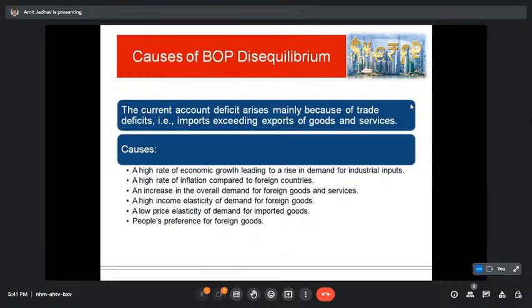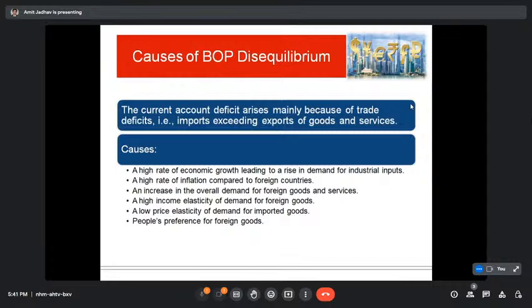Next, we have a high rate of inflation compared to foreign countries. If we have a high level of inflation compared to foreign countries, it will be quite difficult to compete at a global level with other countries in terms of the pricing of the product, and they are able to sell their commodity at quite a lower price than our product. If inflation is there, automatically the factor prices also increase and our cost of production also increases.